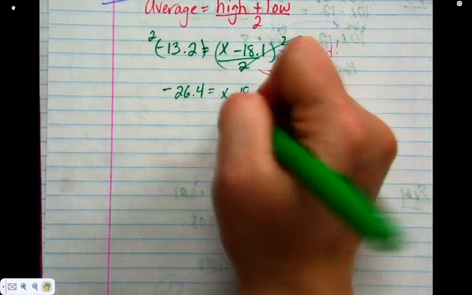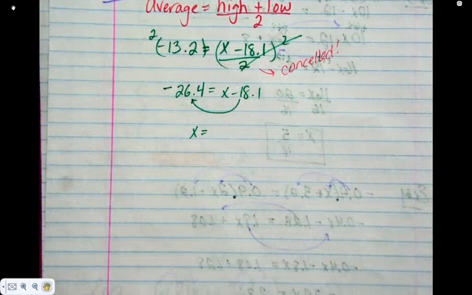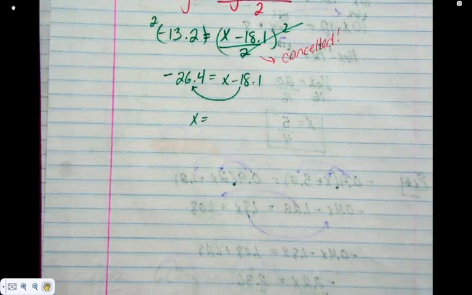Yeah, 18.1 to both sides. Negative 34.5. Oh no, sorry, 30. It's going to be positive.